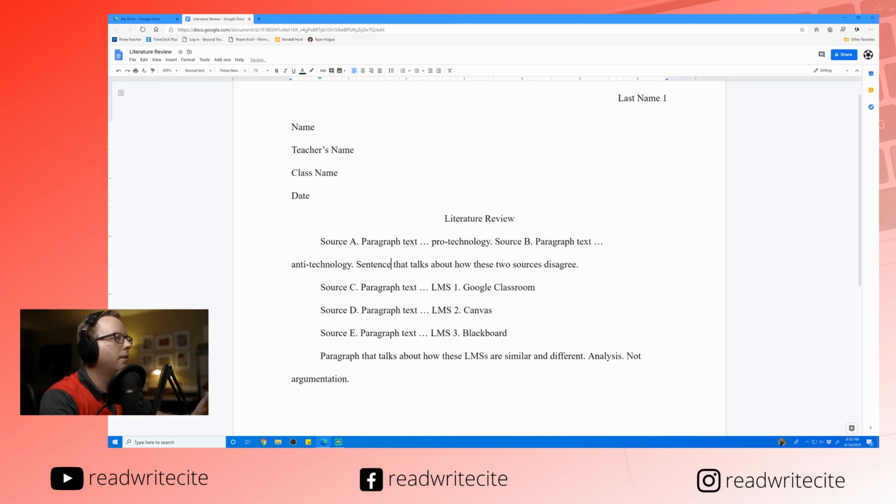So let's say I have a sentence that talks about source A. Then I follow that with a sentence that talks about source B. Then I have another sentence that talks about how those relate together. And then I'm done with a paragraph because I have enough information. Let's say that's a hypothetical paragraph.